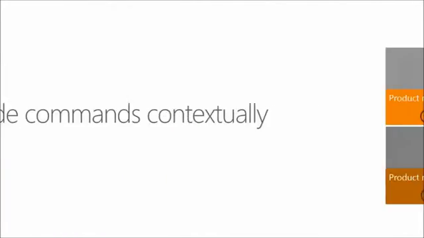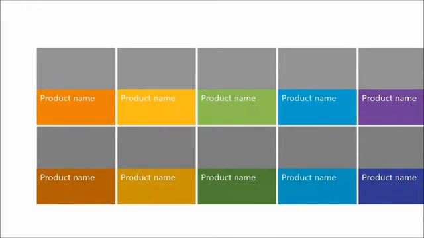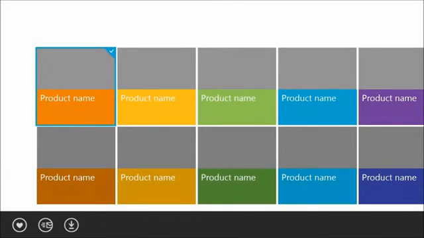And I mentioned before to provide the commands contextually. It's really tempting sometimes to do this kind of replication, and sometimes it does work if people want to have a quick-fire approach to a particular item. But ideally, you want to be removing that instruction from each item. You want to provide the drag to select or the right-click to select option on each item, and then have those commands in the app bar contextually.